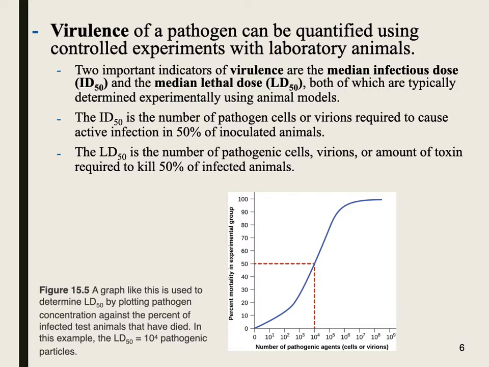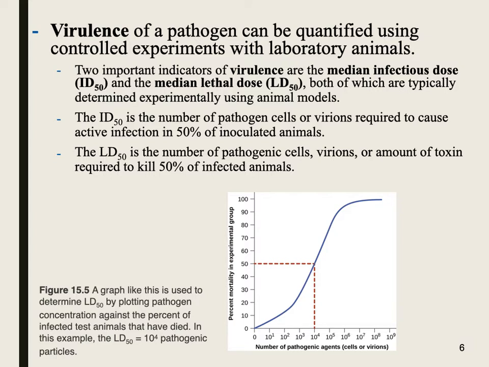When we look at the virulence of a pathogen, there are a couple of different indicators of how virulent a pathogen is. There can be controlled experiments done in laboratory animals where we can find out the median infectious dose and the median lethal dose.